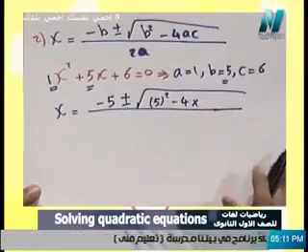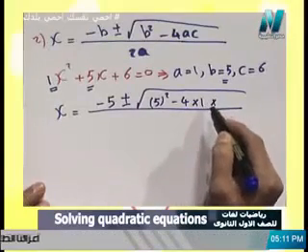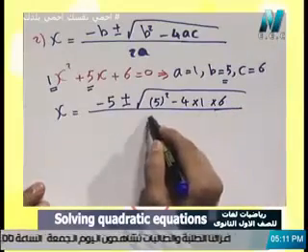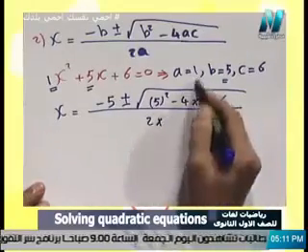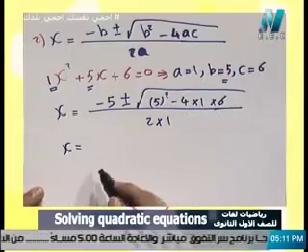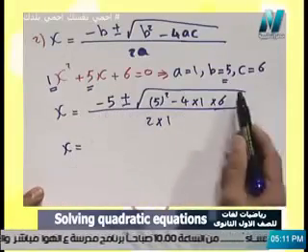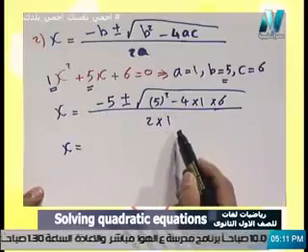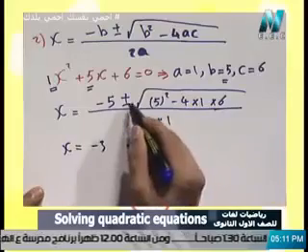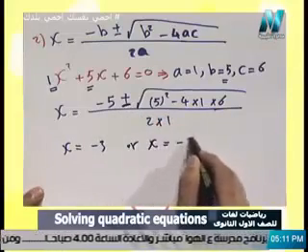A here is 1 multiplied by c, which is 6, over 2a, 2 multiplied by a, which is 1. And by using your calculator, first you put plus, negative 5 plus this root, over 2 multiplied by 1. The answer will be negative 3, or if we put minus here, the answer will be negative 2.